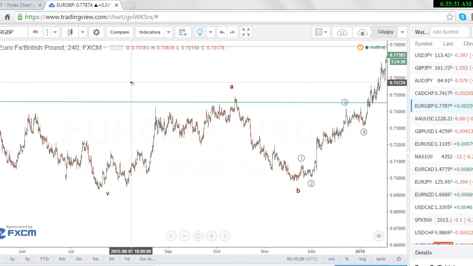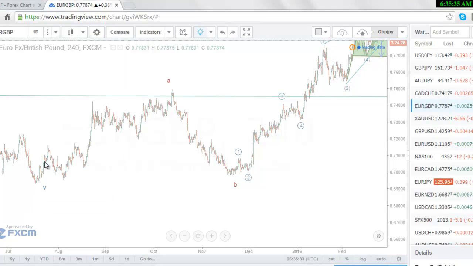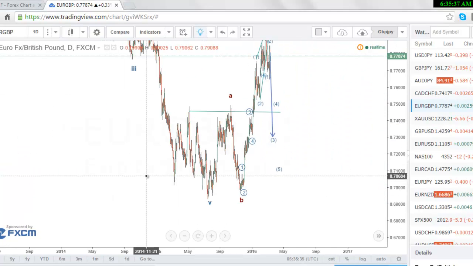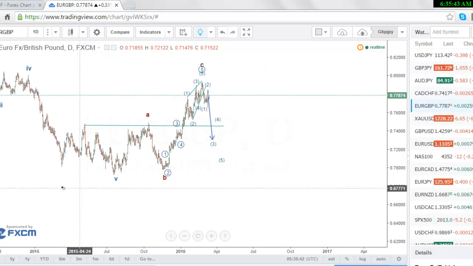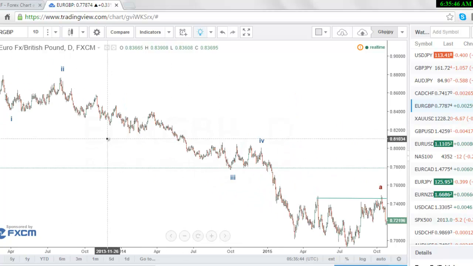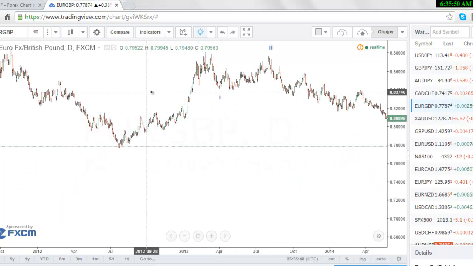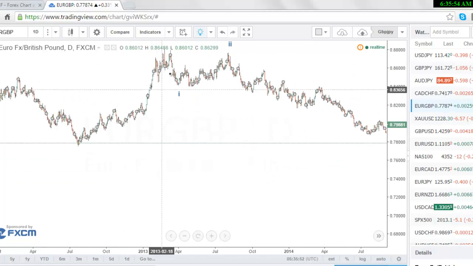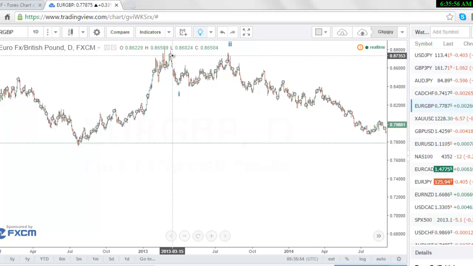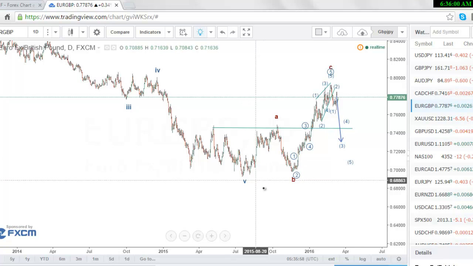Okay, let me take us to the daily chart. Now the move from here, starting from this level here, around 2013, we saw price move in a 5-wave structure.